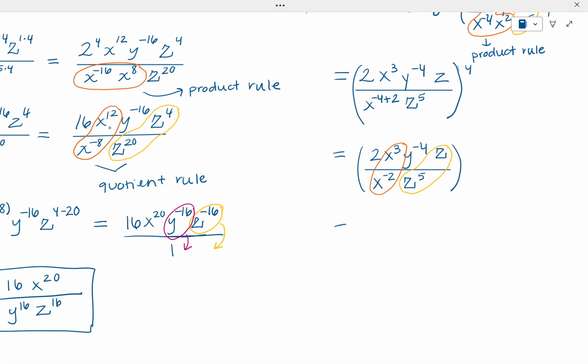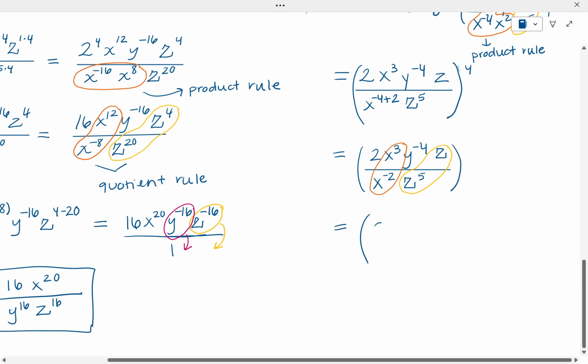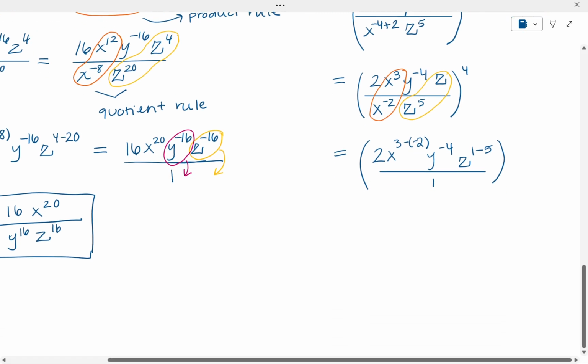And then we apply the quotient rule. So this becomes 2 times x to the 3 minus negative 2, y to the negative 4, and z to the 1 minus 5. And this is just over 1.